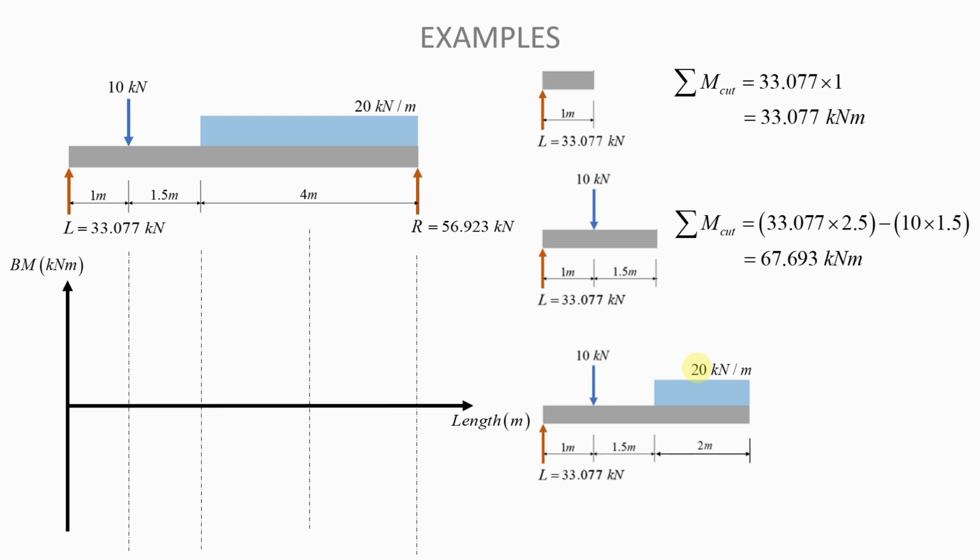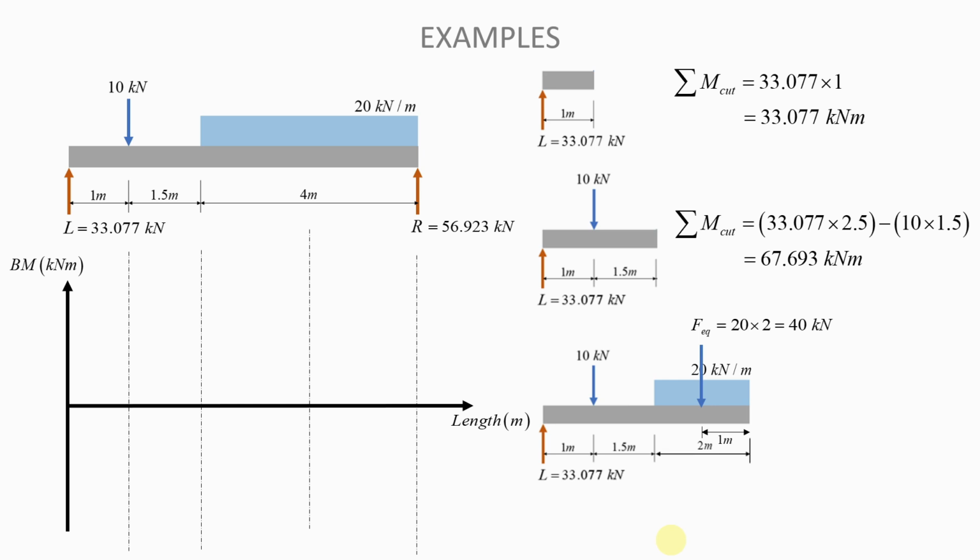In this case, this 20 kilonewton per meter distributed load is acting over 2 meters, so the force equivalent to it will be 20 times 2, and that is 40 kilonewtons. And this force will act in the middle of the length of the distributed load, so it will act at a distance of 1 meter from the right end, because it must be in the middle. And this is the force that we will use when calculating our moment at the cut.